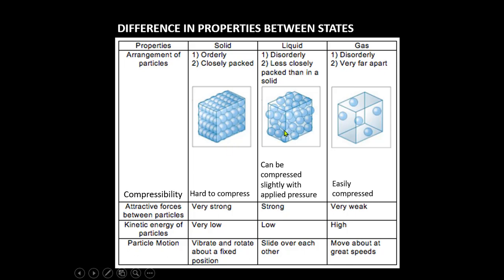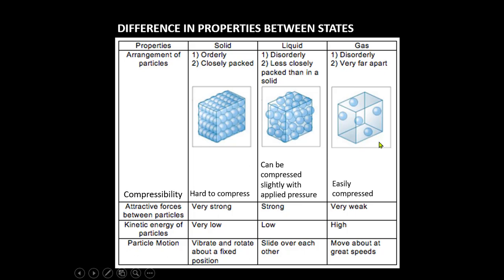In a liquid, the particles are further apart. The arrangement is less orderly. Forces of attraction are weaker, so the particles are able to slip slowly over each other. And this is what gives it the liquid type of movement. There is only slight compressibility in liquids, but there needs to be a lot of pressure in order for this to happen.